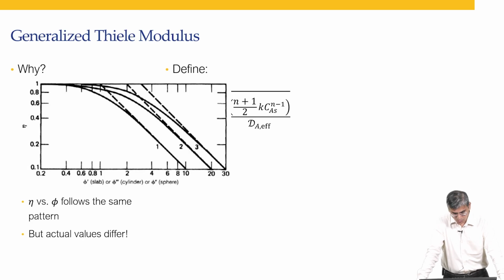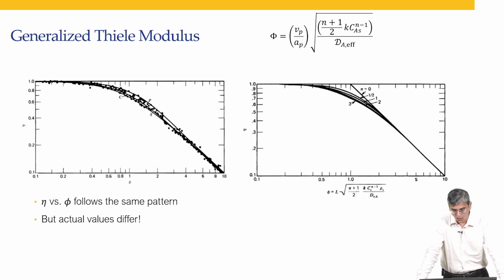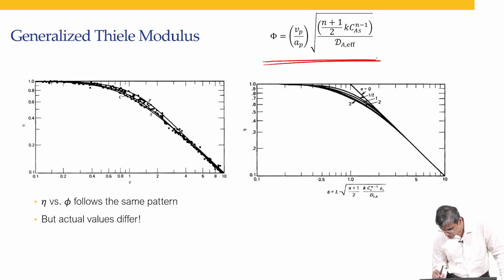But what Aris and co-workers in the 1970s realized is that if you make a small change in the definition of phi, all of those lines will fall on one and the same line. So, what was the small change in the definition that they did?